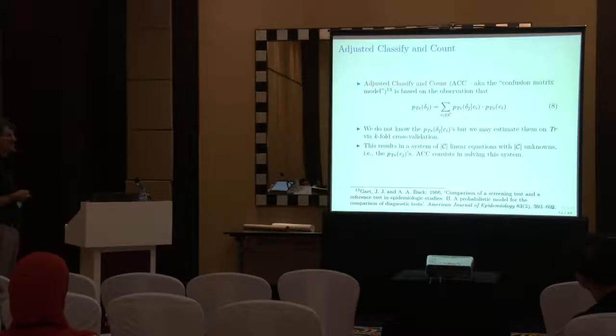The equation is pretty obvious, a direct application of conditional probability. For each of the classes, we take the probability of the class in the test set times the conditional probability of the decision for J given that the class is that class.